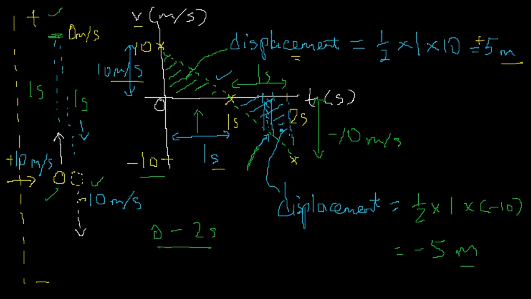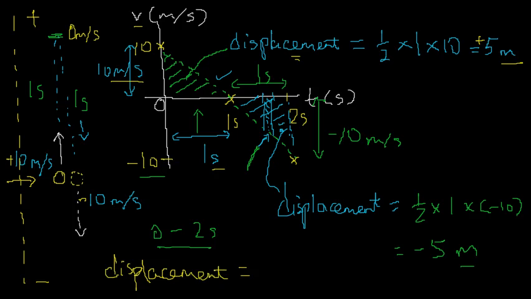Let's think about this full motion, going up and coming down again. So how can we find the displacement from 0 to 2 seconds from the graph? So let me write this down. That's what I'm interested in. Displacement.